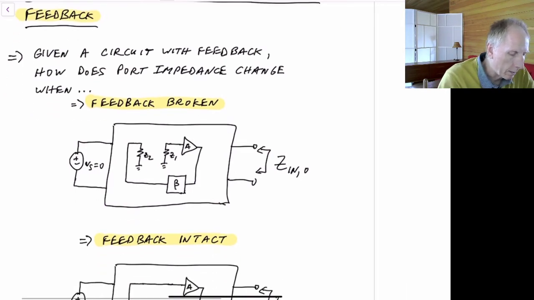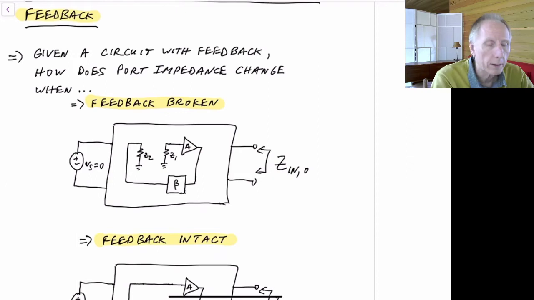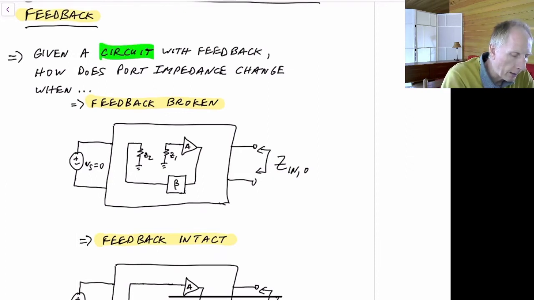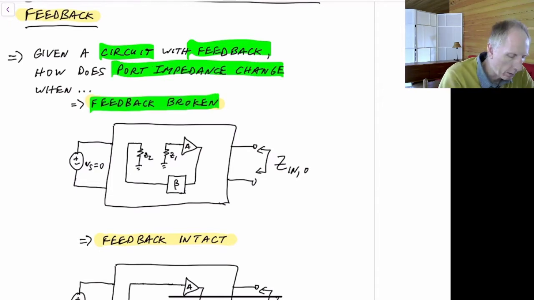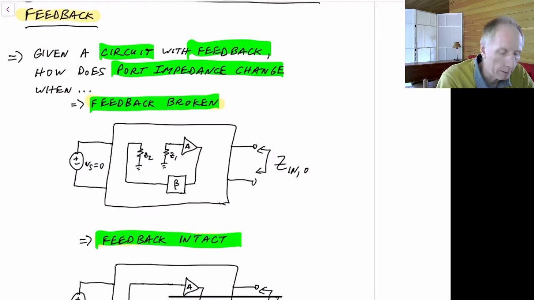To start off with, we'd like to know, if we're given a circuit and it has feedback, how the port impedance changes in two cases: when the feedback is broken or when the feedback is intact.